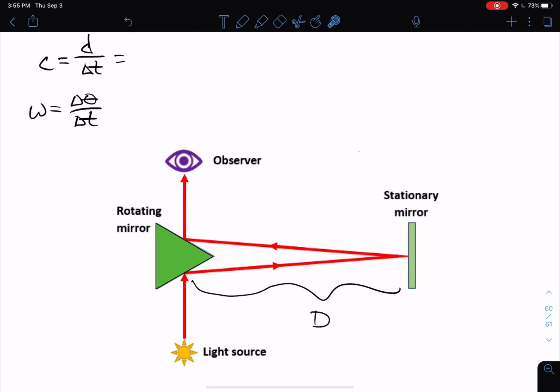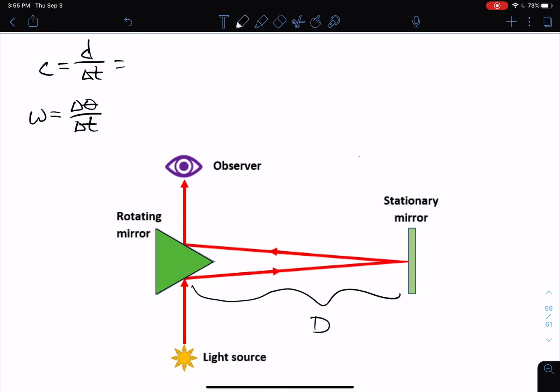But if you set it up properly, these are negligible distances, especially compared to this. And so this becomes 2d over delta t. And I'm going to go ahead and solve this for delta t. So delta t is going to equal 2d over c.